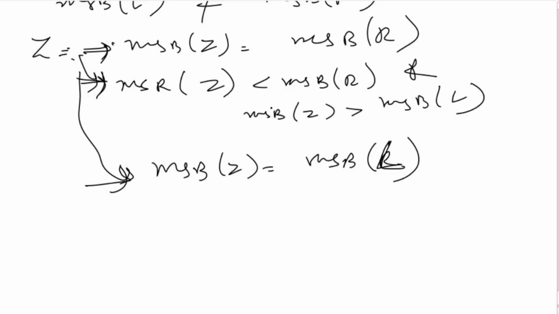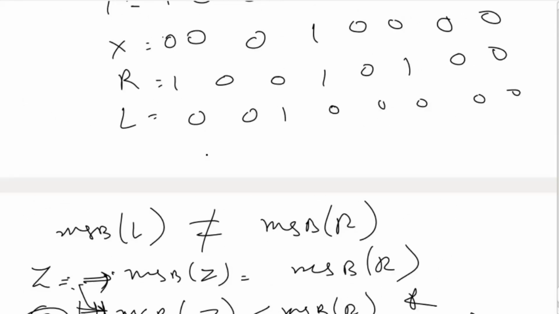So now the simplest of these three is the second case, because in the second case we have to set one of the bits between MSB of R and MSB of L as 1. So if we set it to 1, you can see that this is 1.